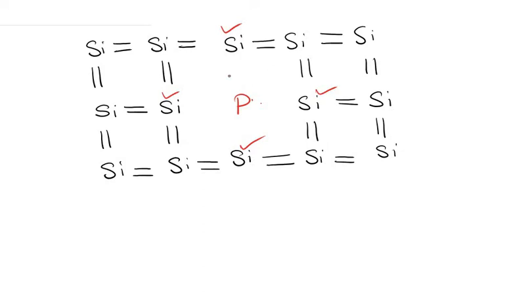So out of those 5 electrons, 4 actually participate in bond formation with these 4 neighboring silicon atoms. Now 1 electron is left free. Okay, now this electron doesn't have any electrons from neighboring atoms to bond with, because phosphorus is surrounded by 4 nearest silicon atoms.